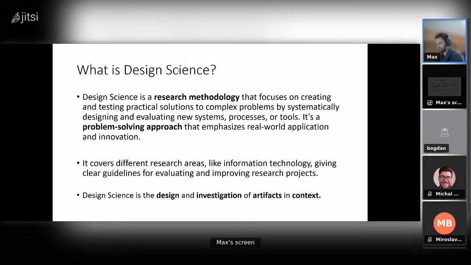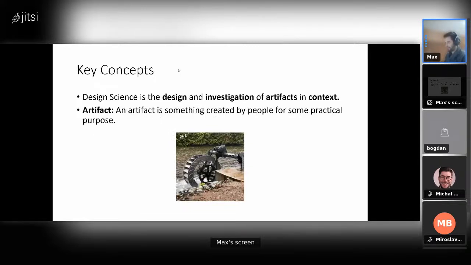It really comes from this area, so that's also why I thought it would be interesting for this presentation. And maybe the most important one is the last point, which is that design science is the design and investigation of artifacts in context. So artifacts and context are really the core of design science.